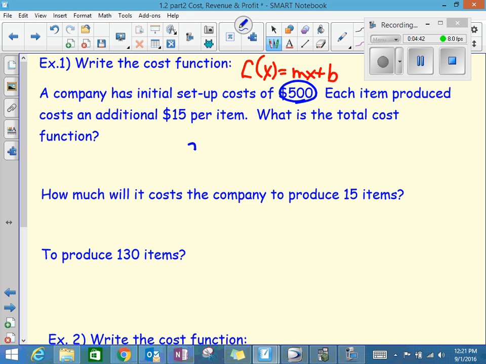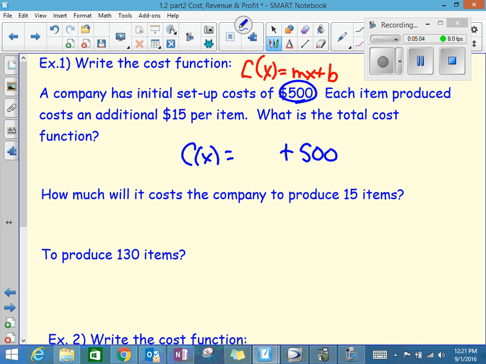Here, right? So we've got C of x equals something plus 500. Each item produced costs an additional $15 per item. So what kind of a cost is that? Marginal cost, right? So in this instance, it costs them $500 to get all set up, but then every item they make is costing them $15.